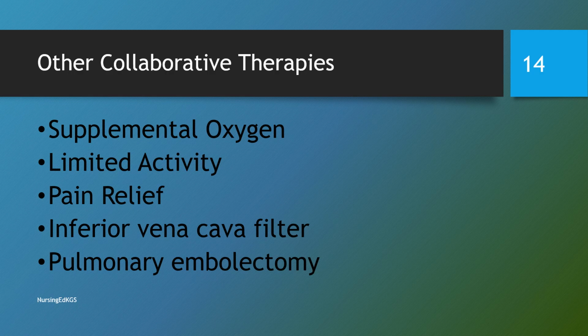Another procedure that might be done is a pulmonary embolectomy. A pulmonary embolectomy may be done in life-threatening situations, and this is where there is surgical removal of the pulmonary embolism, which is probably blocking an artery in the lungs.